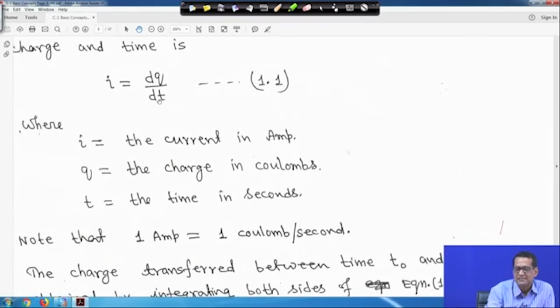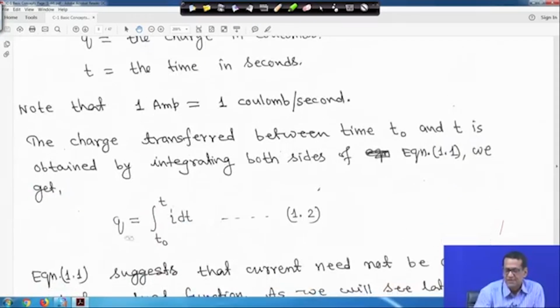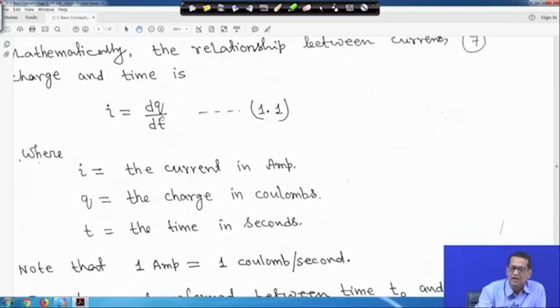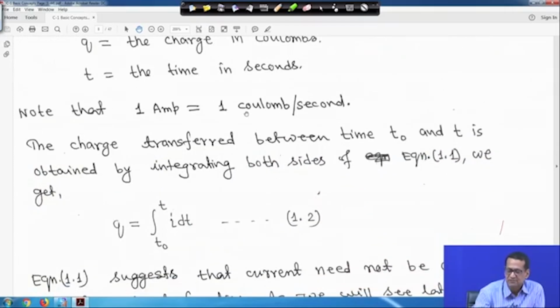If you integrate, since dq is equal to I dt, q is equal to the integral from t0 to t of I dt. That is the charge transferred between time t0 and t. This is equation 1.2.